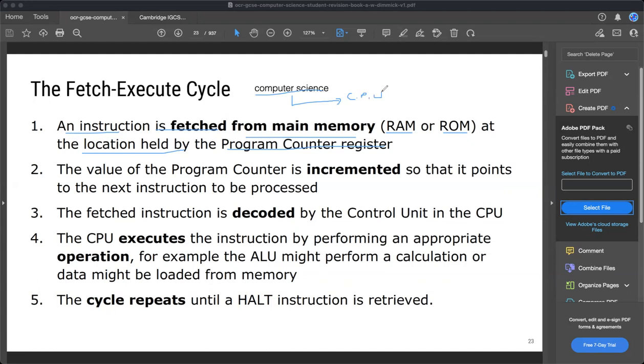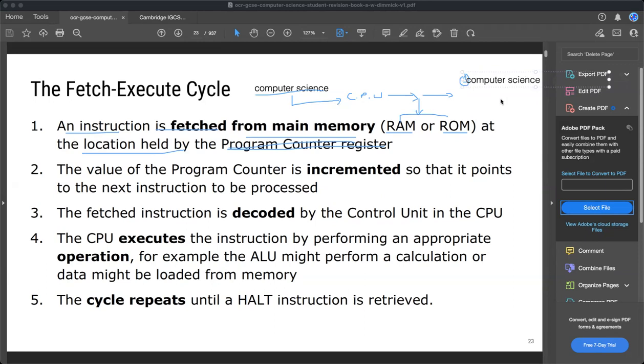Fetched means transported, sent into RAM or ROM, right? And from RAM, the program counter register will pick this instruction as instruction number 1. I told you the program counter is going to count the instructions. So it fetches this instruction from RAM or ROM and counts it as instruction number 1. So computer science is now in the program counter as instruction number 1.